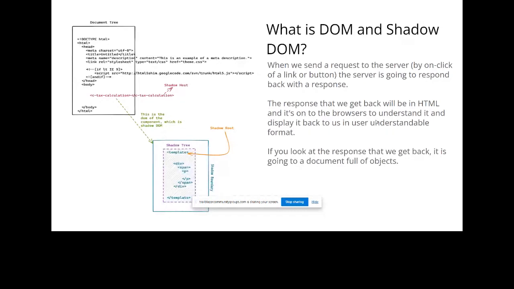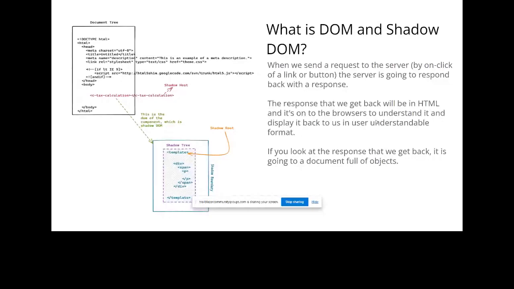The server sends the response to the web browser, which understands it and presents it in an understandable format. The response that we get will be in HTML. If you open up your inspect element, you see this HTML written, a user understandable object that has all the information being passed from the server.